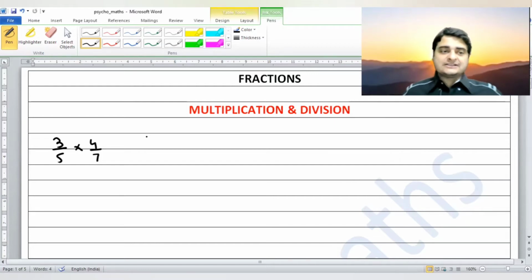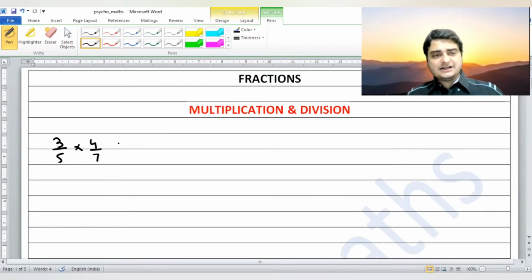So please be careful. Opposite cuts. A denominator can cut with the tables of a numerator, or a numerator can cut with the tables of a denominator. But as you see, we cannot set any tables over here. Neither is anything divisible by 3, 5 or 7.